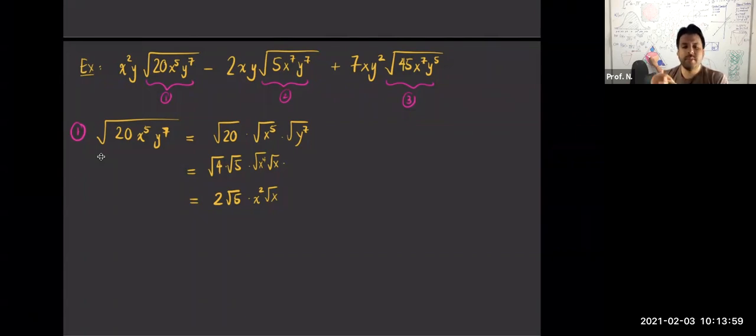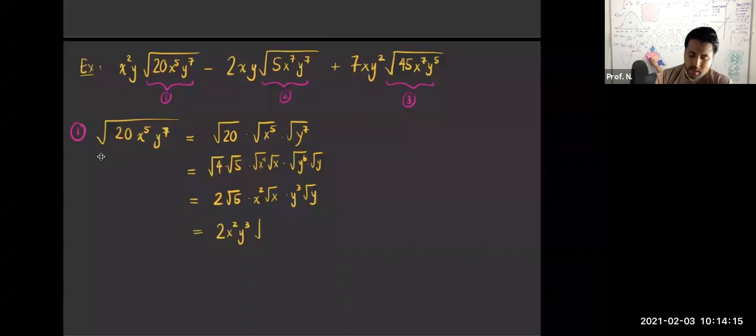So what's the largest perfect square? Right. So y to the 6th times y to the 1st, which becomes y cubed square root of y. So the final answer is 2x squared y cubed times the square root of 5xy. So that's number 1. How about number 2?